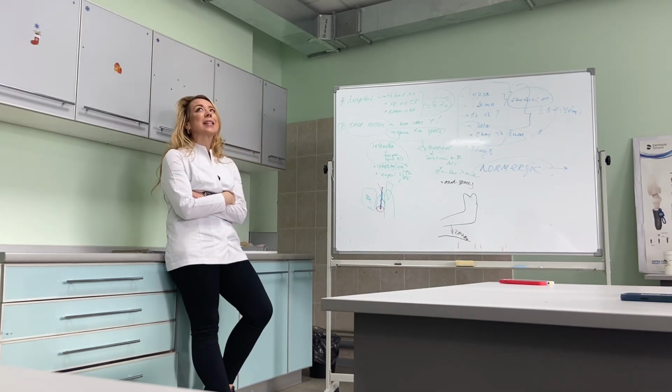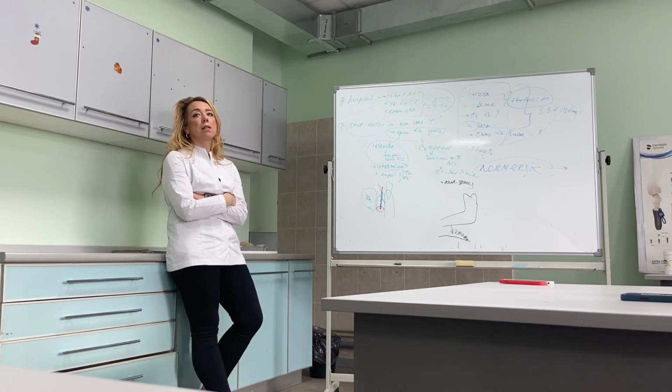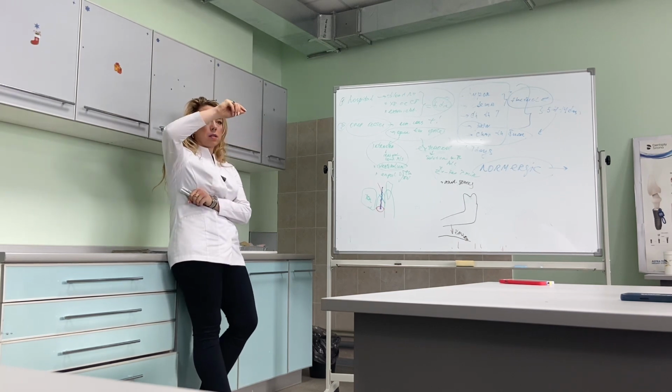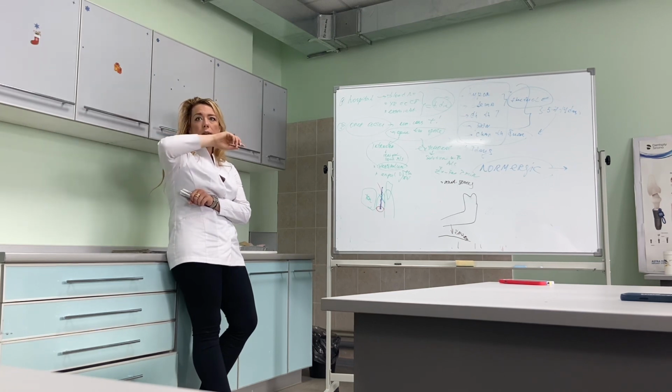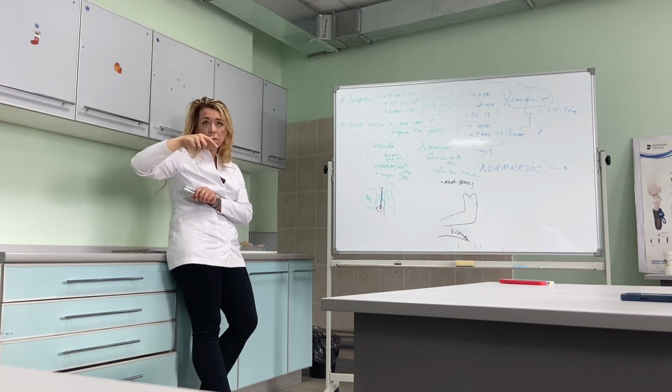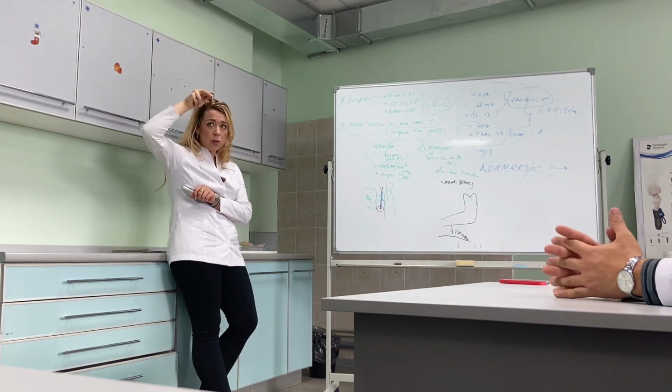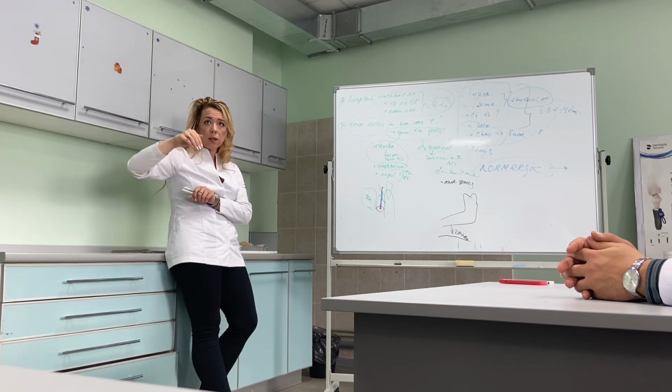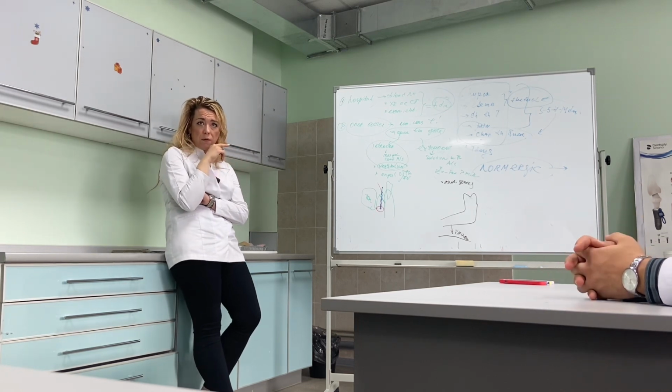We cut layer by layer. What does it mean? We cut skin, then we cut the fat, then we open or cut the fascia, then we separate the muscle and open, going deeper to the area where the focus of inflammation is present.